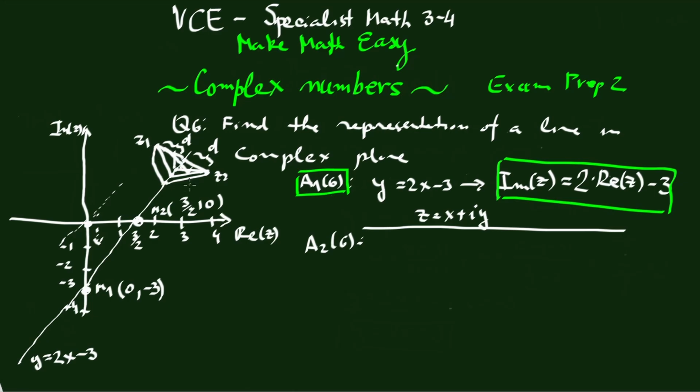That wasn't quite a right line. Each point here is equally distant: the distance here and the distance here are the same. So for each point we can say it is equally distant from these two numbers in the complex plane.